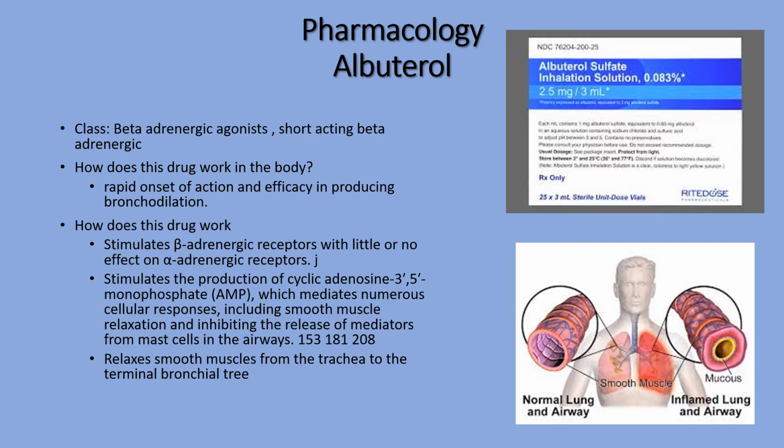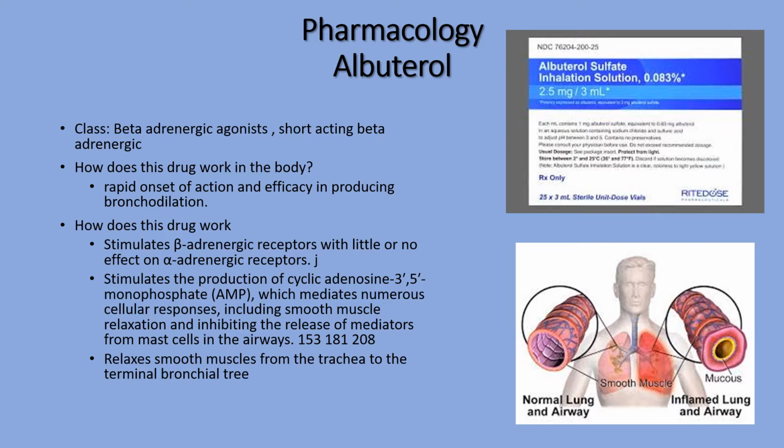And the big one here is smooth muscle relaxation and inhibiting the release of mediators from mast cells in the airways. So it's stopping that allergic response as it opens up the muscles, allowing the airway to pass air much easier.